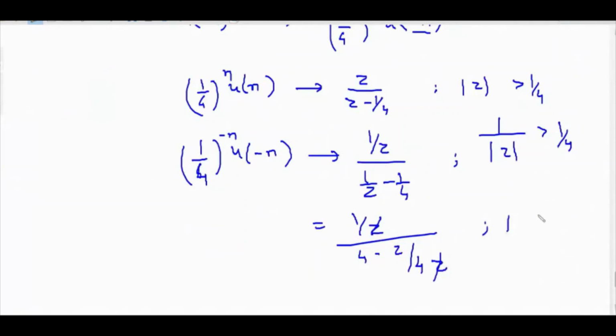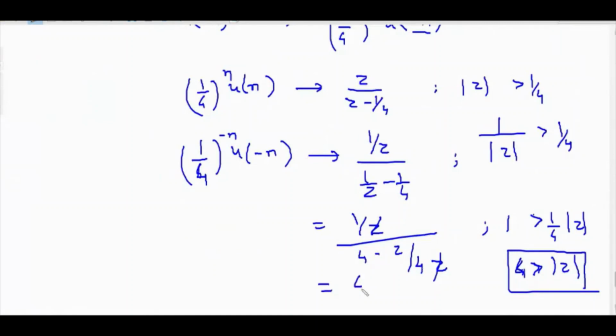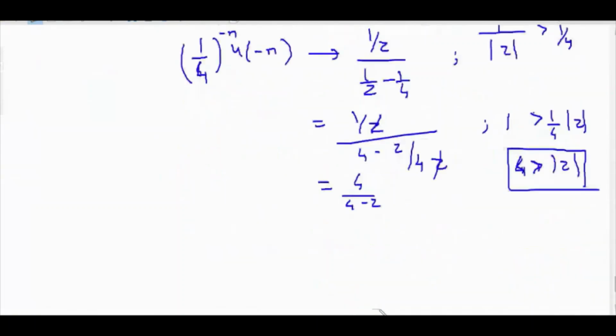On this side, 1 is greater than 1 by 4 magnitude z, so this 1 by 4 comes to this side: 4 is greater than magnitude z. This is the ROC. On this side, this 4 comes in the numerator. The overall answer is 4 upon 4 minus z. So this is the final answer. Okay. Thank you.